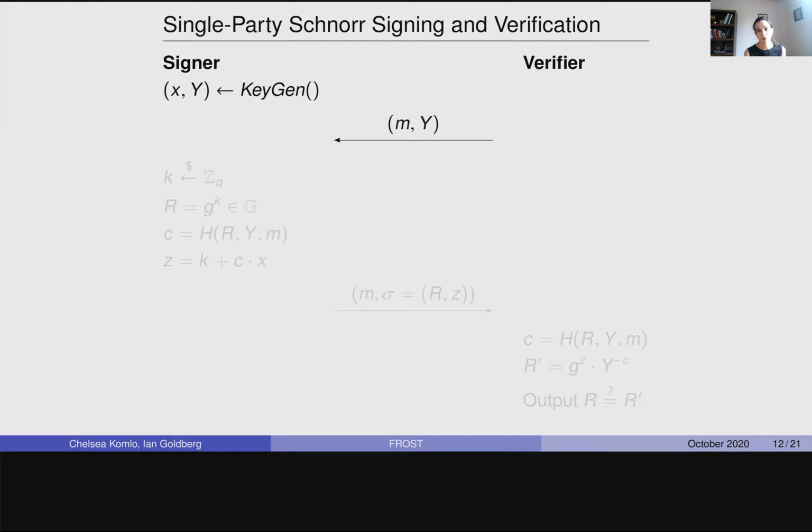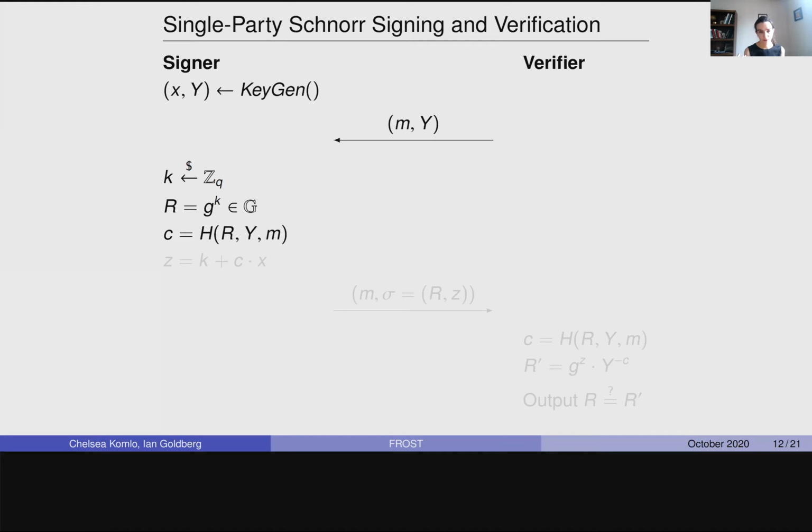And then in order to sign, a verifier will send some message M to be signed with respect to the public key Y. And then the signer will first randomly sample some nonce, and then they'll generate the commitment to this nonce. We'll see how this is essentially just a zero knowledge proof of knowledge with respect to this message M.